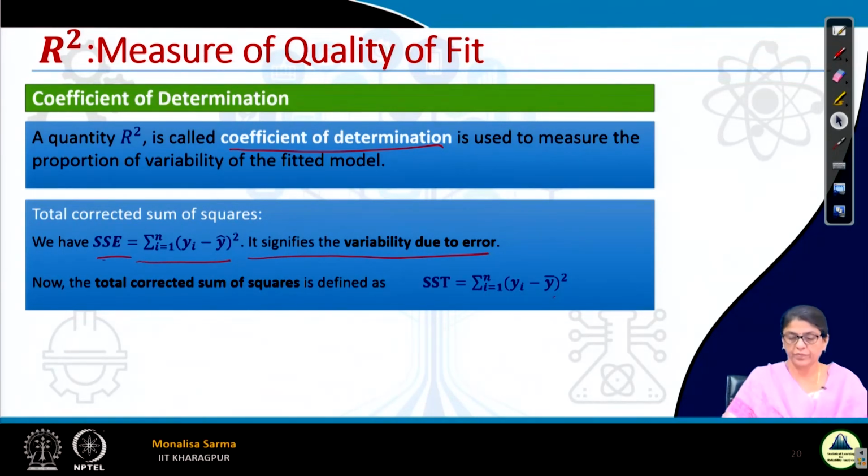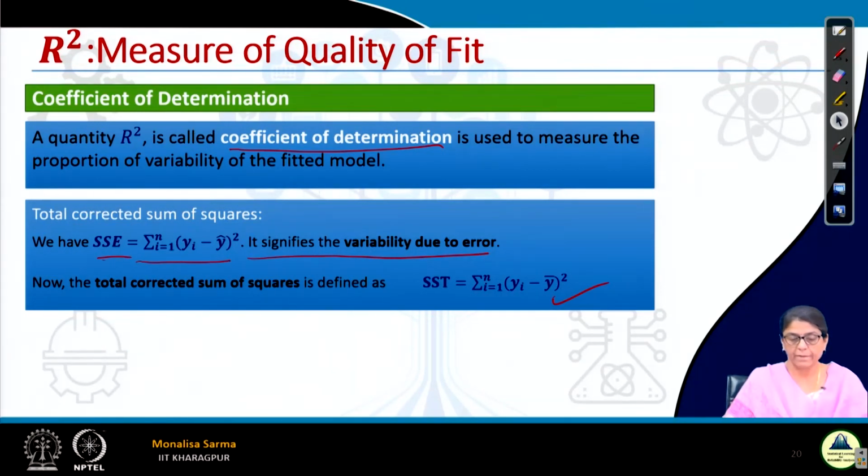SST is nothing but the sum of yi minus y bar, squared. We have taken some data xi and yi, and based on this data only we are finding a model. Without the data we cannot find a model, right? So now, how much variability is there in this response data? That is SST.